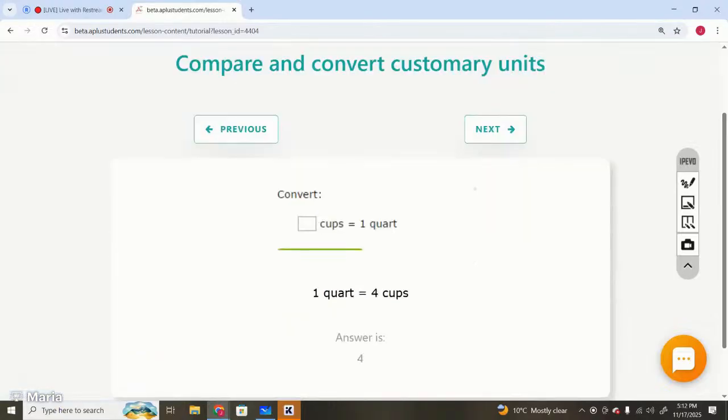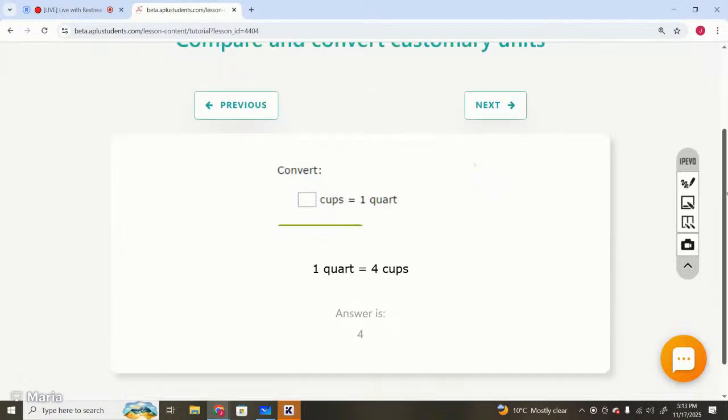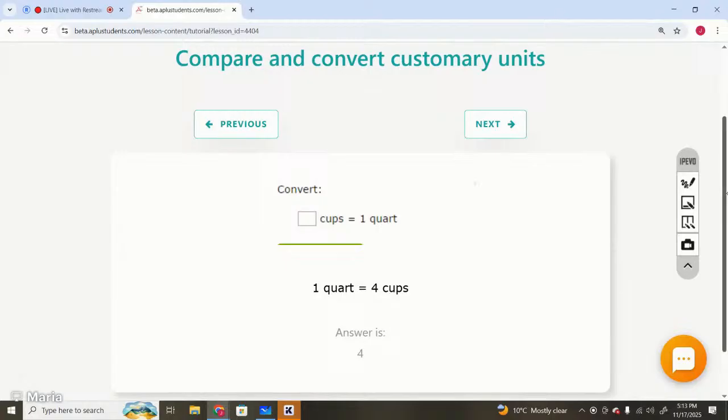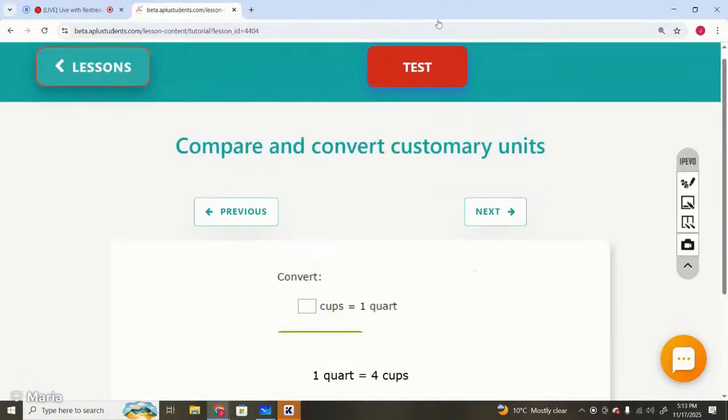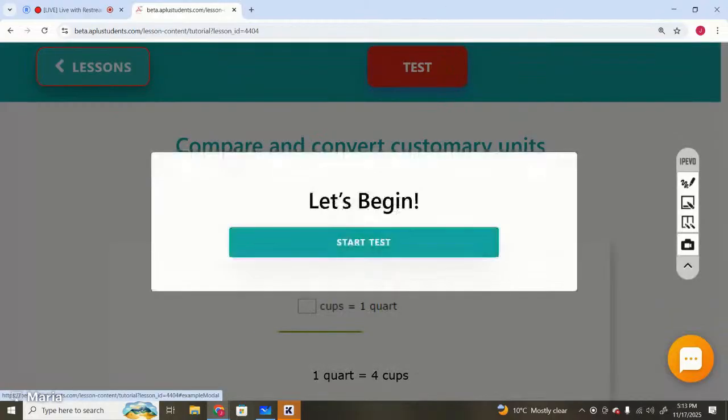1 quart equal how many cups? 1 quart equal 4 cups. Let's just start with the test questions.